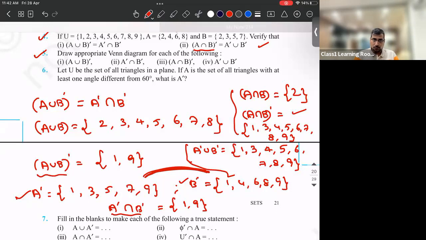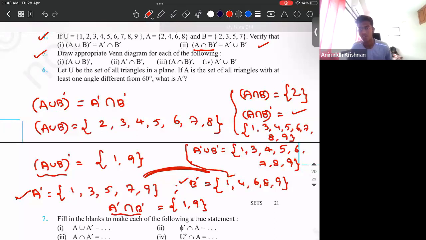Don't look at any solutions. If it is beside you, you try on your own. Sir, how do you draw a Venn diagram for complement? Do you shade the other part?